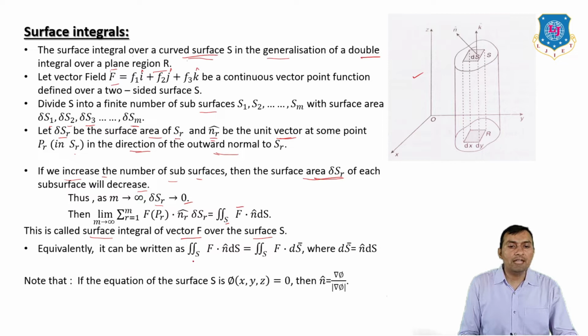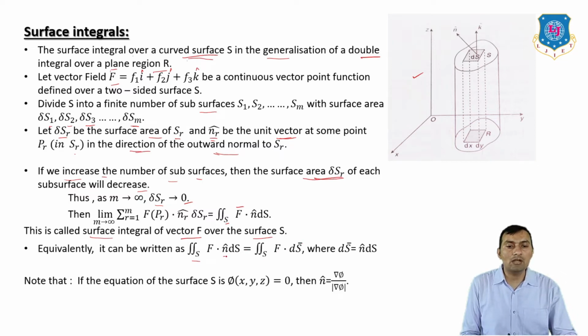Equivalently, we can write the double integration of the vector field F dot n cap dS over the surface S, or simply the double integration of the vector field F over the surface S is given by the double integration of F dot dS bar.